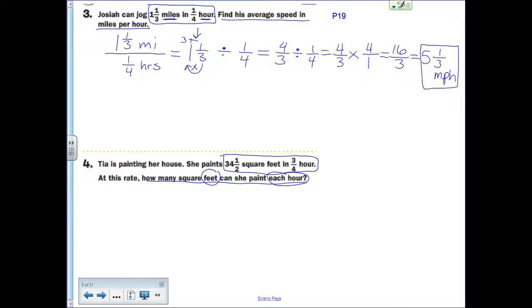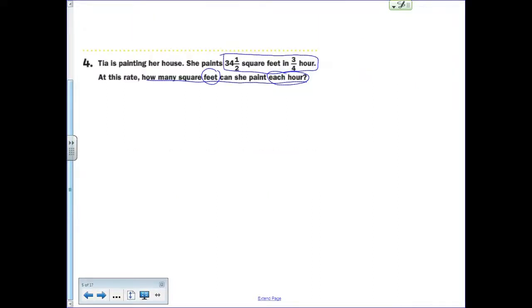So when we do this problem, we're going to put 34.5 feet squared on top, and we're going to put 3/4 hours on the bottom. So we write our rate in a fraction form. Then we're going to turn it into a division problem, dividing the bottom number into the top number to turn it into a unit rate.